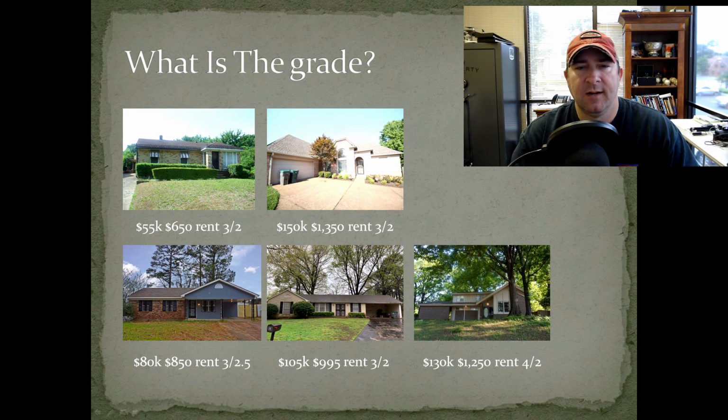Bottom left-hand corner, the house for $80,000. This is where it gets a little unique, and why I mentioned previously a house that has 2 grades. Neighborhood-wise, it's in an area that I would consider an average C quality type neighborhood. This house is a 3-bedroom, 2.5 bathroom. House-wise, you could almost say this is a solid B type house, but the neighborhood is a C area. This house is unique not because it's a 3-bedroom, but because it's a 2.5 bathroom.